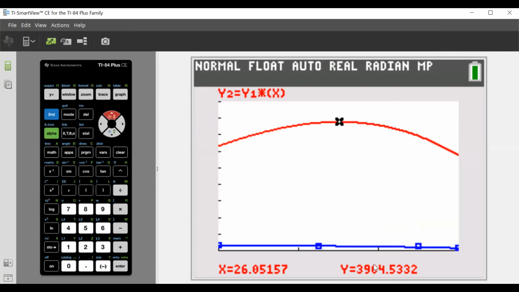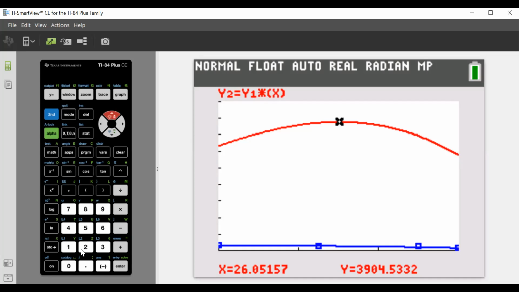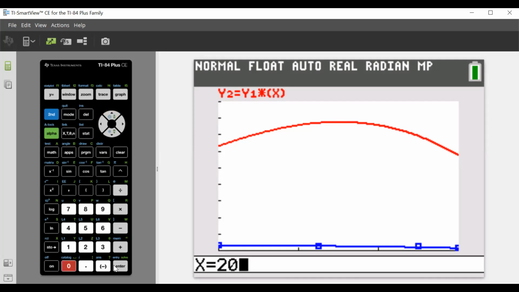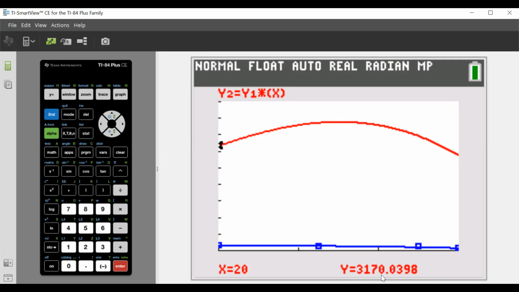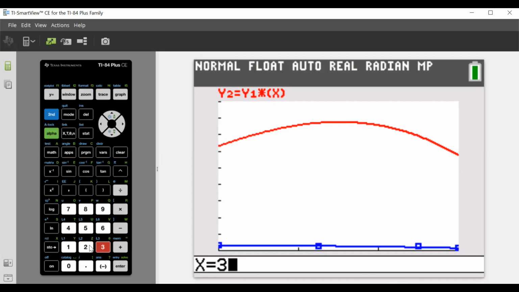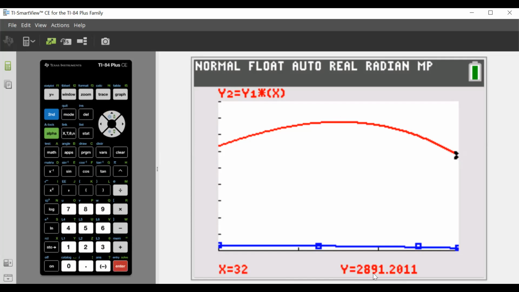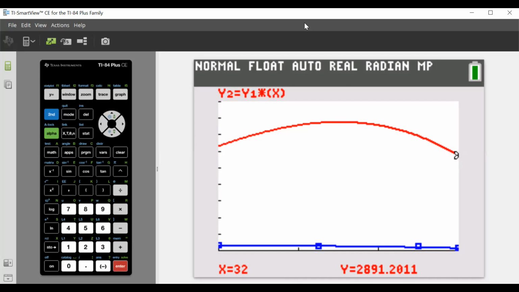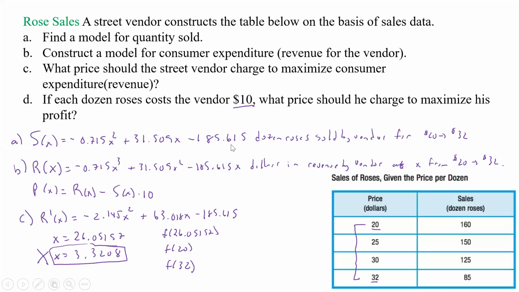Okay, so that's going to be our value with the Y1 times that. That's our revenue. And our other one we needed was 20, and that's 3170.0398, and then we needed the 32, 2891.2011. So now we have those values once we found where the graph was, and let's write those down.